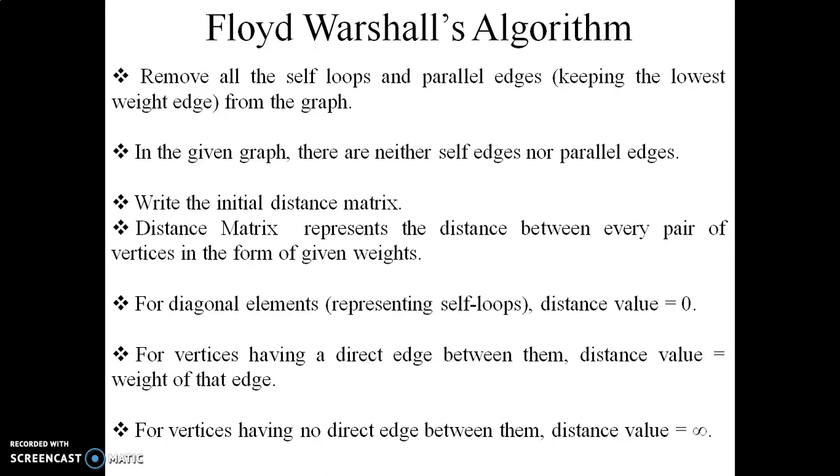If there is a direct path, then the distance value will be equal to the weight given on that edge. For vertices having no direct edge between them, the distance value will be equal to infinity. So these are the points you need to remember when you are obtaining the matrix.